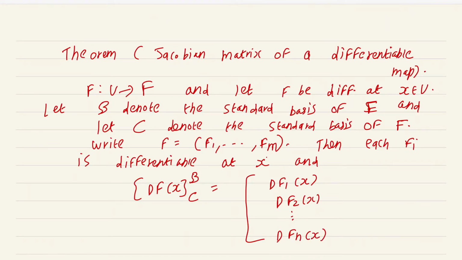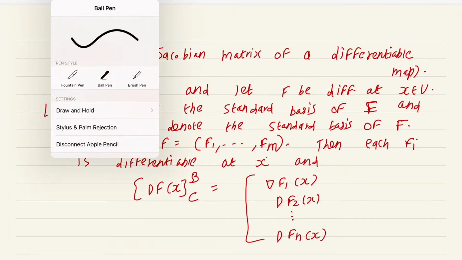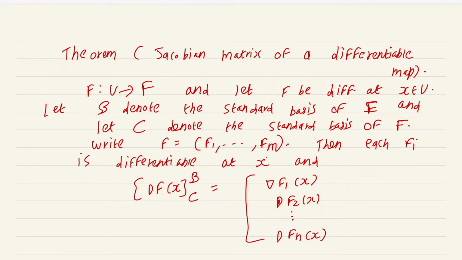Rather, I should not put d because that would be inaccurate. So the various rows of this matrix are going to be gradient of f1, gradient of f2, up to gradient of fm at x. Okay, so this matrix is called the Jacobian matrix.